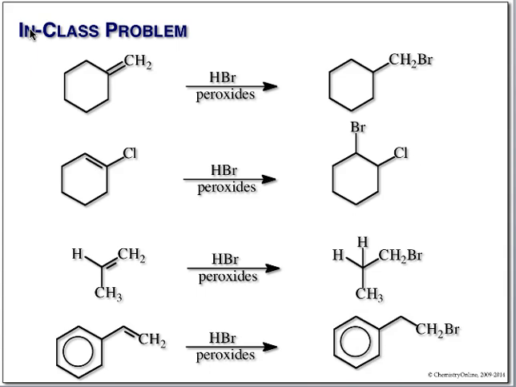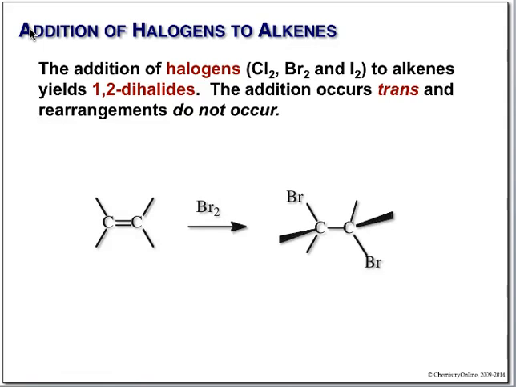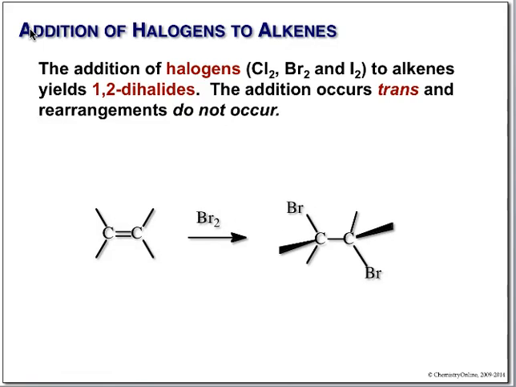All right, in our list, the next reaction was the reaction of an alkene with bromine, iodine, or chlorine. Here I'm using bromine. The simple fact here is that the product is a 1,2 dibromide. So we've added both bromine atoms to our double bond.